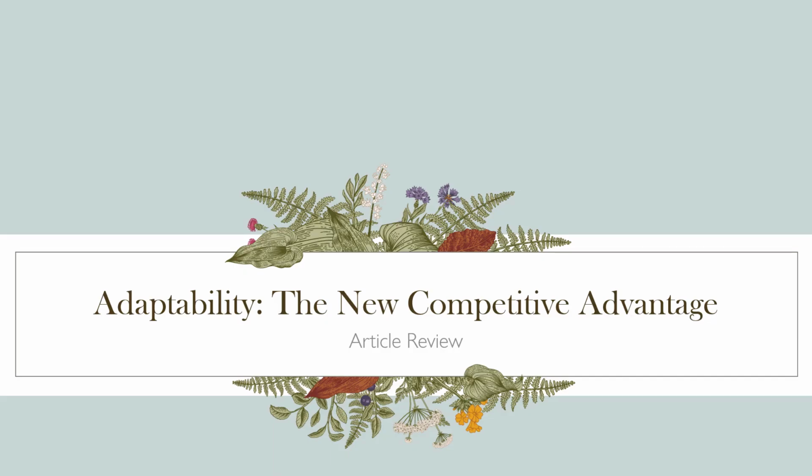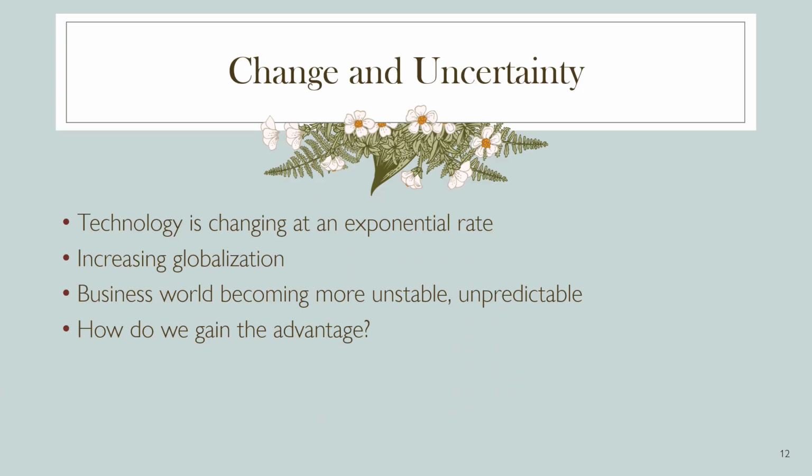So that idea leads us into what the article talks about, and the article is called Adaptability, the New Competitive Advantage. As we talked about before, the business world is becoming more uncertain, and change is happening at a growing rate.